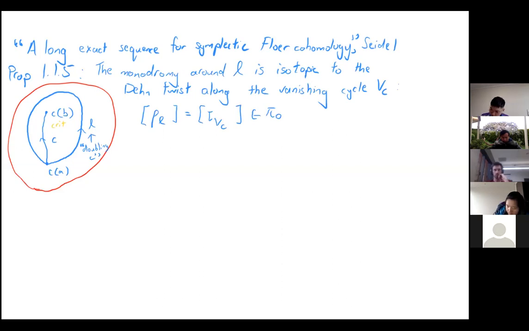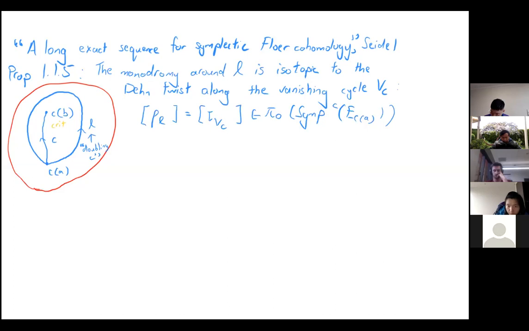So you should think of this vanishing cycle as some Lagrangian sphere, but I haven't told you what it is. I will tell you in a moment. So let's say this is the symplectic Milnor fiber along CA, because you go out from CA and then come back to CA.